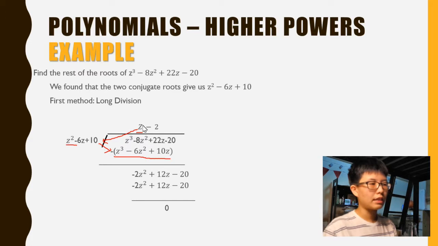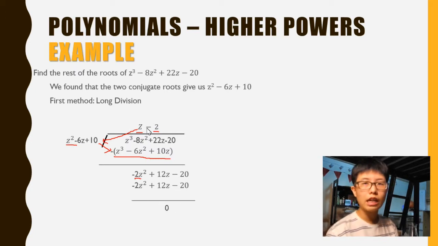So z multiplied by z squared is z cubed, z multiplied by negative 6z is negative 6z squared, z multiplied by 10 is positive 10z, and then after that I can subtract this off so that I have whatever is here, and then I do the same thing. I see that minus 2, I can multiply that by z squared to get minus 2z squared, and everything falls into place and there are no remainders.